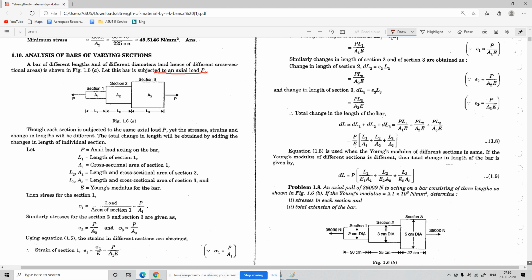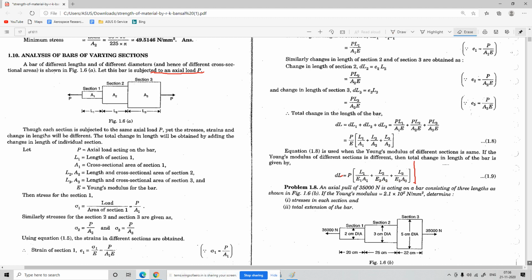Such a problem will ask you to find the complete total change in length. To find the complete change in length, this is the formula. Here P is the axial force.